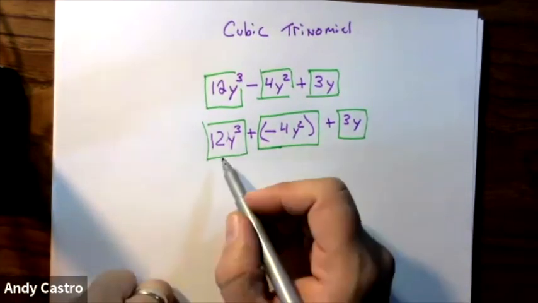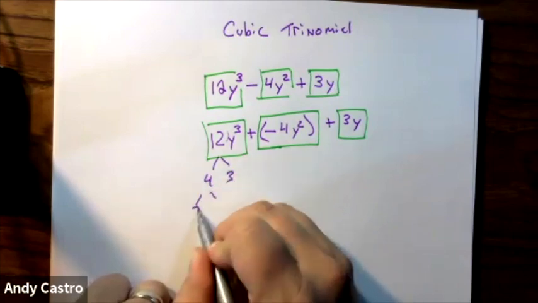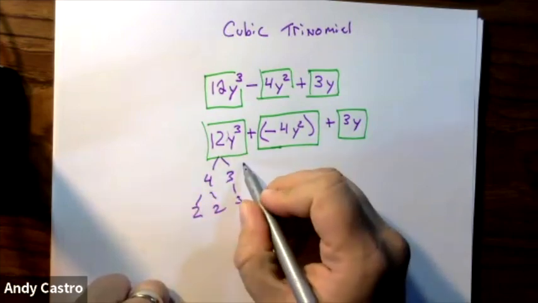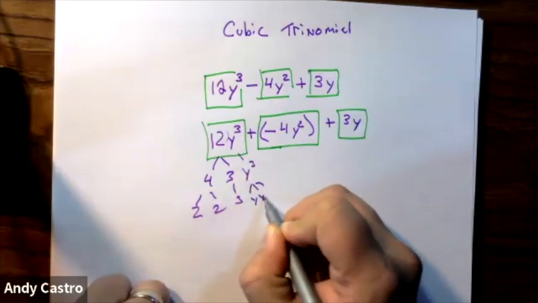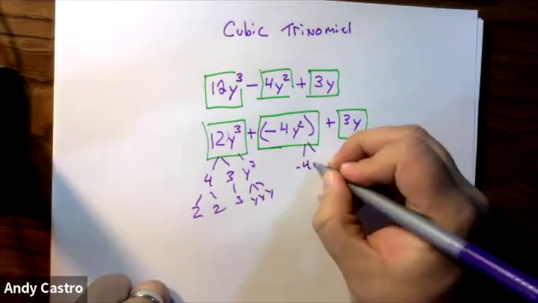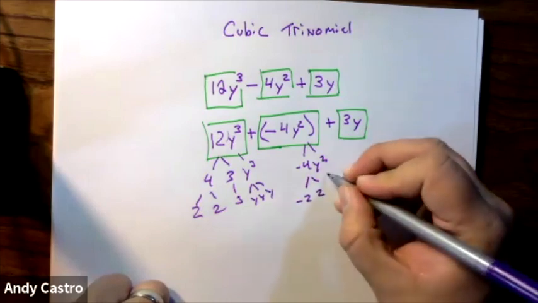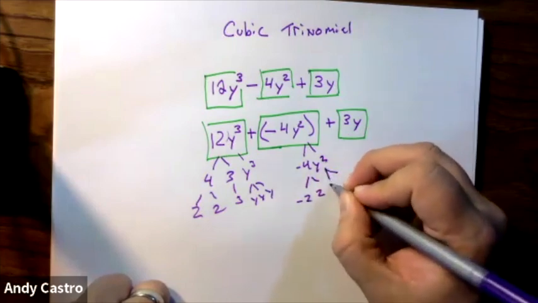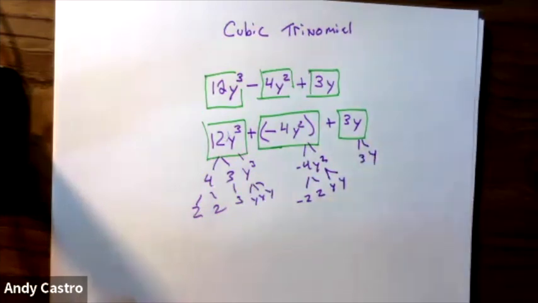Well, if we factored this, this would be 4 times 3, 2, 2, 3, and of course, y's. If we factored this, we'd have a -4 and a y squared, -2 and a +2, and a y and a y. And if we factored this, that would just be a 3 and a y.